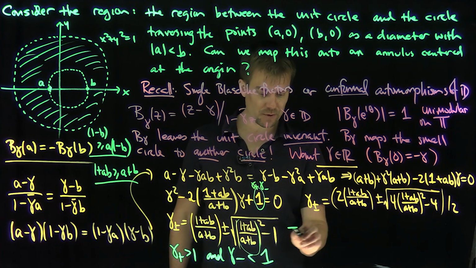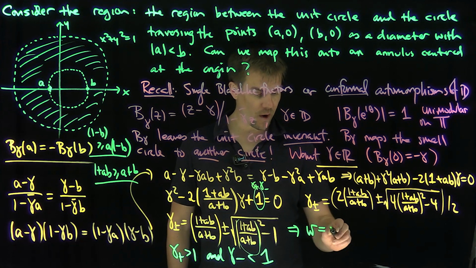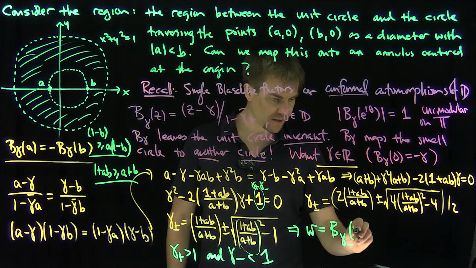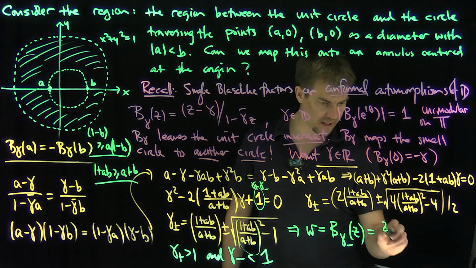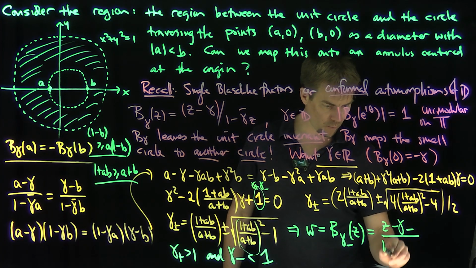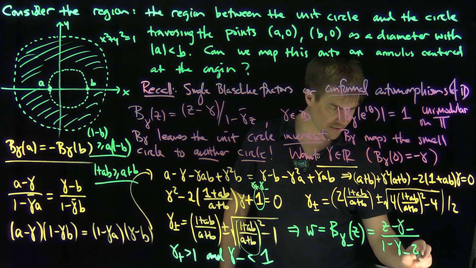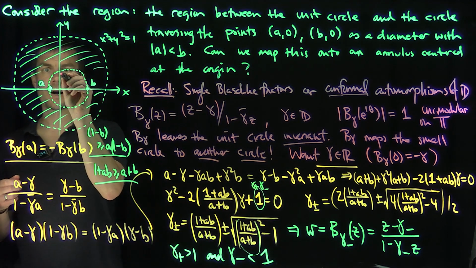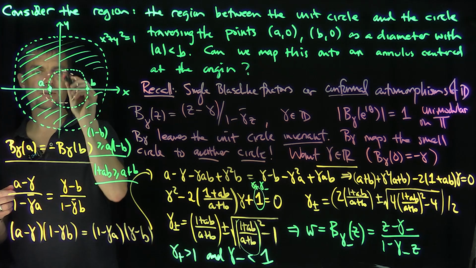So the solution to our problem, the conformal mapping W that we want, is just going to be B of γ minus of Z, which is Z − γ minus over 1 − γ minus Z. It is the conformal mapping which takes this region over here and maps it onto an annulus that is now centered at the origin.